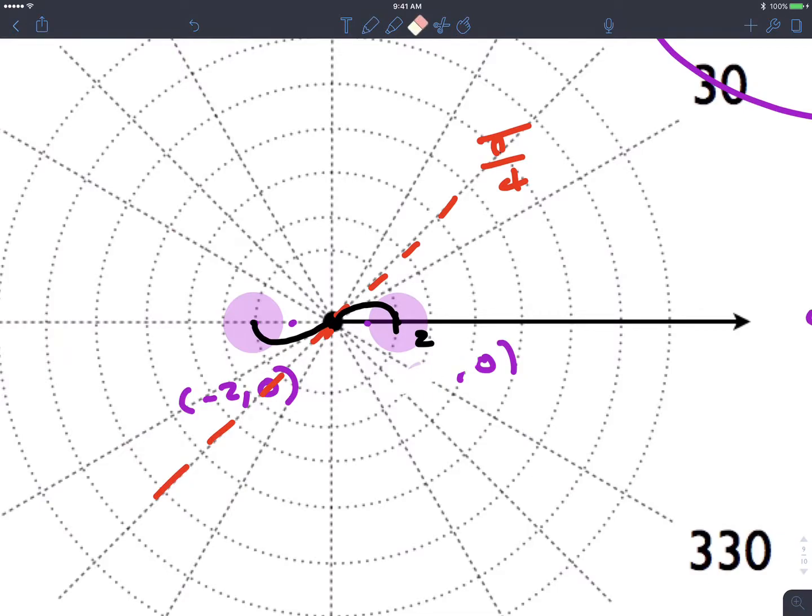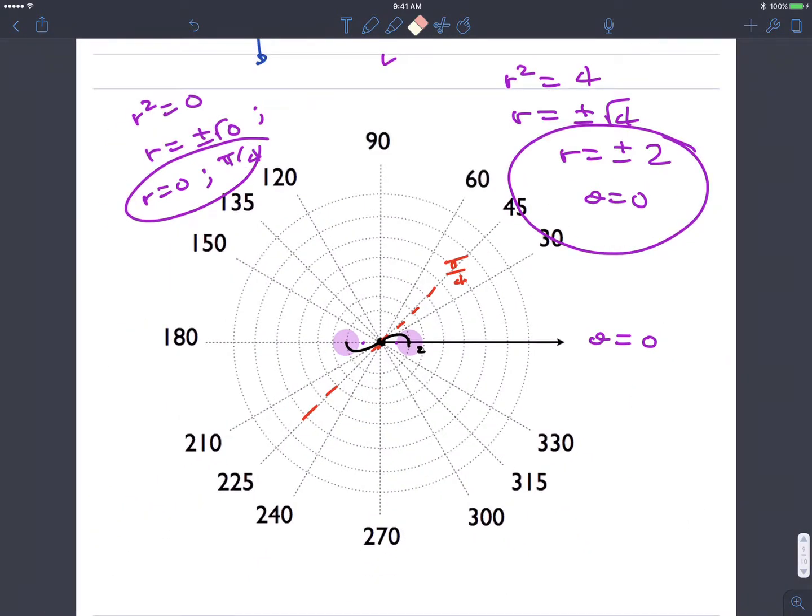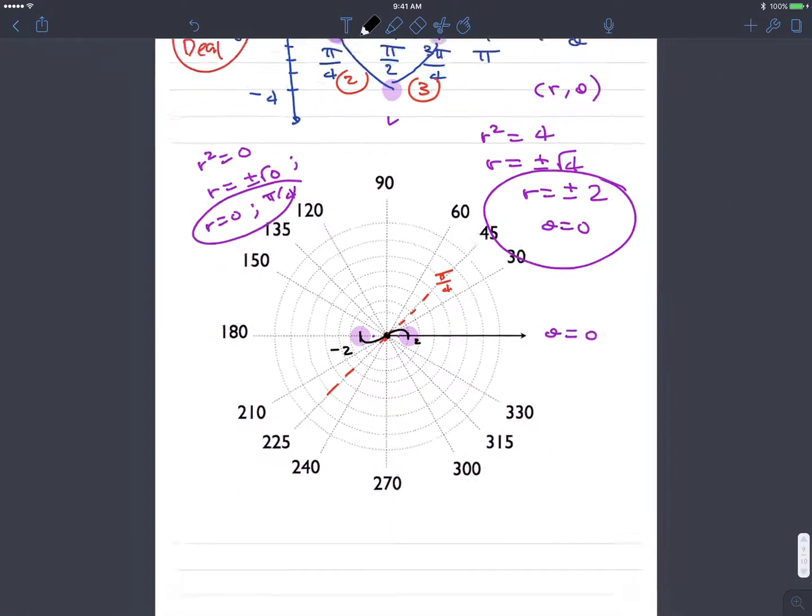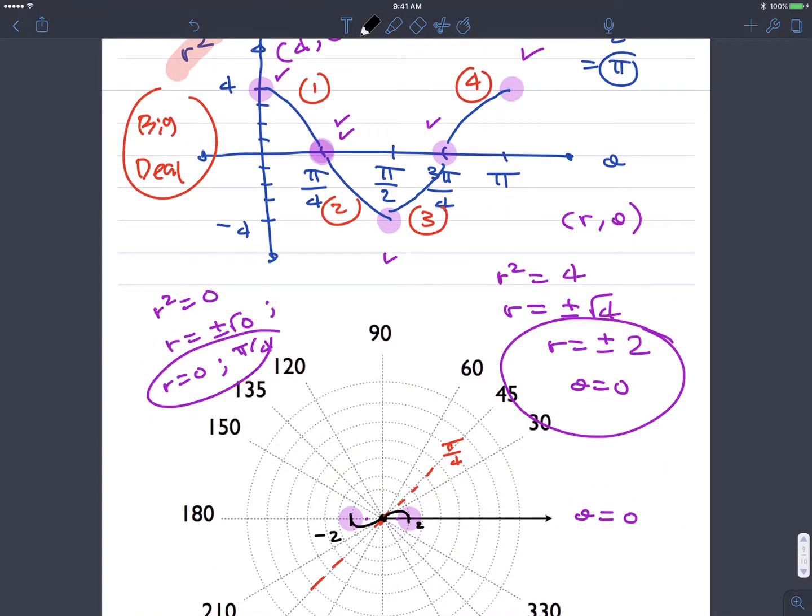So what I want to say to you is, from the beginning here, we're starting at 2 points. So negative 2, and this version of 1 here that we're looking at right here, I have 2 radius values. One positive, one what? Negative.